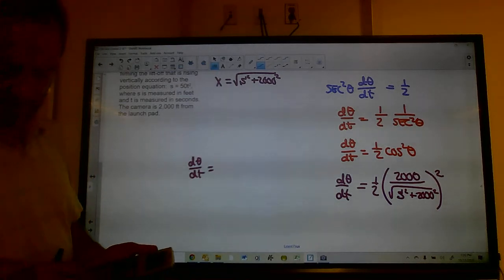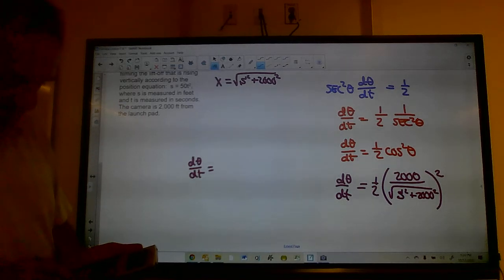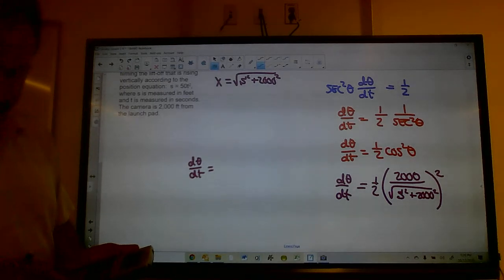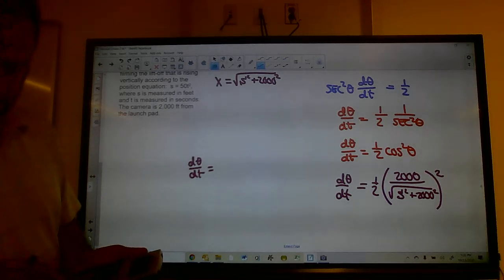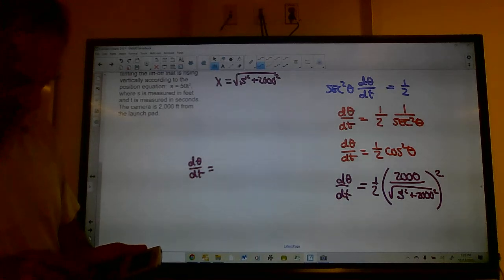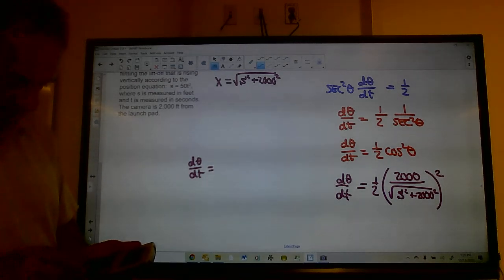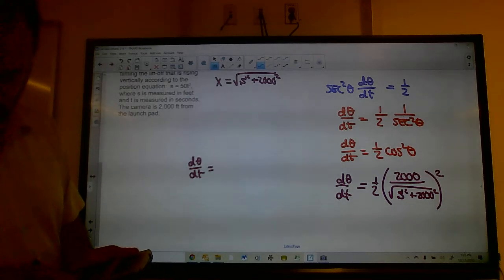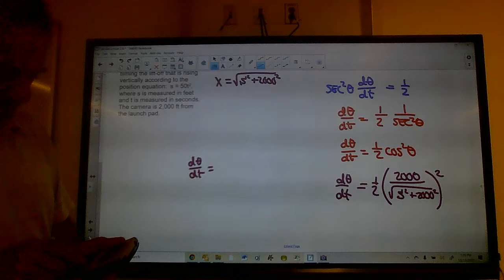So that's going to be 0.5 times, in parentheses, 2,000 squared divided by the square root of 10 squared plus 2,000 squared, and then that is going to be squared also. I got to go back and put a parentheses in there.